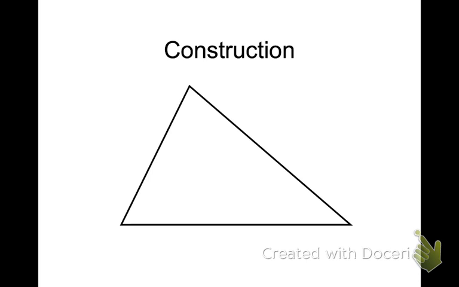Okay, now can you do the same thing to this right side? Go ahead and do it. So find the midpoint using your compass. Swing your arcs. I'm cheating, I'm just going to eyeball it.